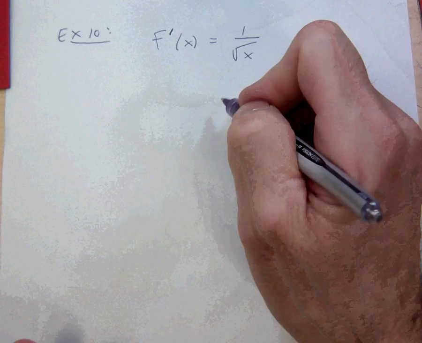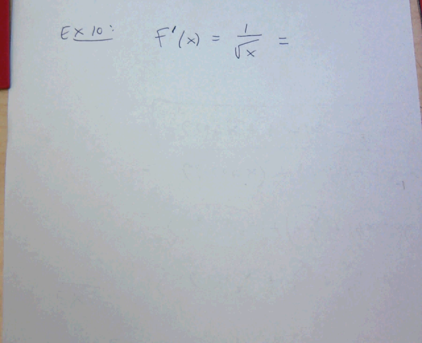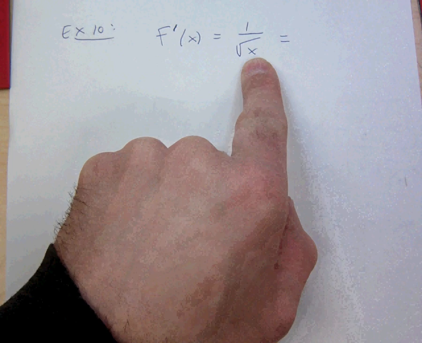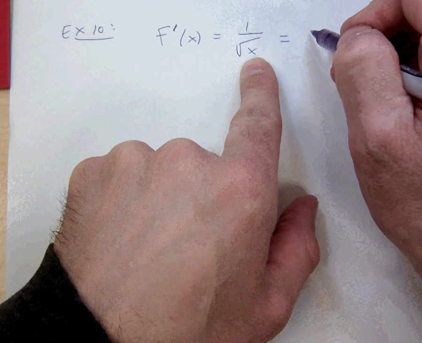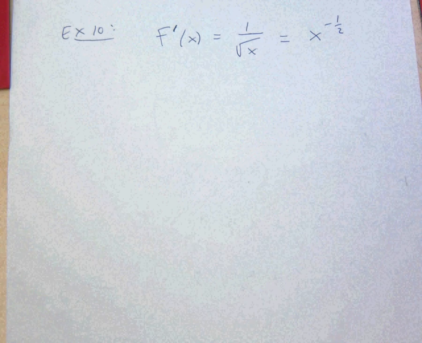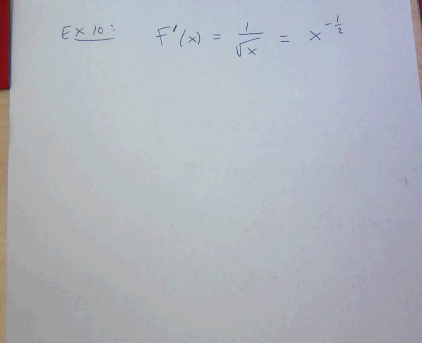I'm going to have you guys help me with the algebra 1 on this one. So, Narek, what would I turn this into using algebra 1 to turn it into something I can integrate? X to the -1/2. Good. Everybody agree you would turn it into that to set it up for the power rule? Okay, guys?